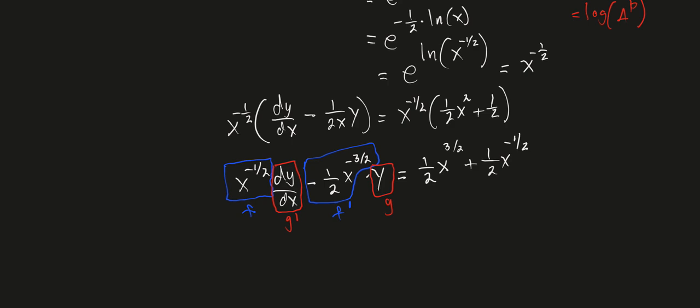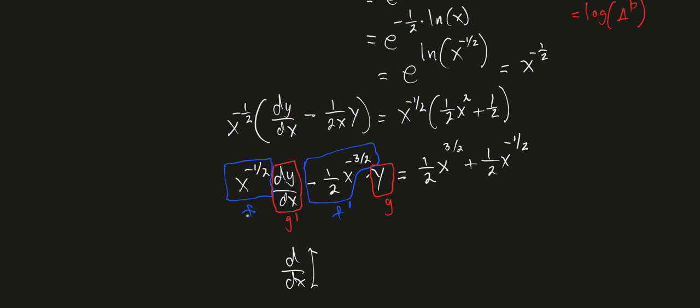So then the left-hand side is the derivative of the product of f times g, right? So we don't even bring down the negative 1 half, because that negative 1 half is what I get by differentiating this in my product rule.